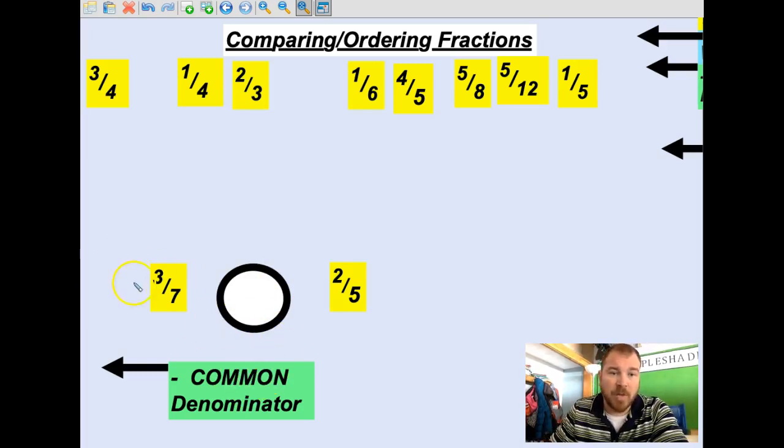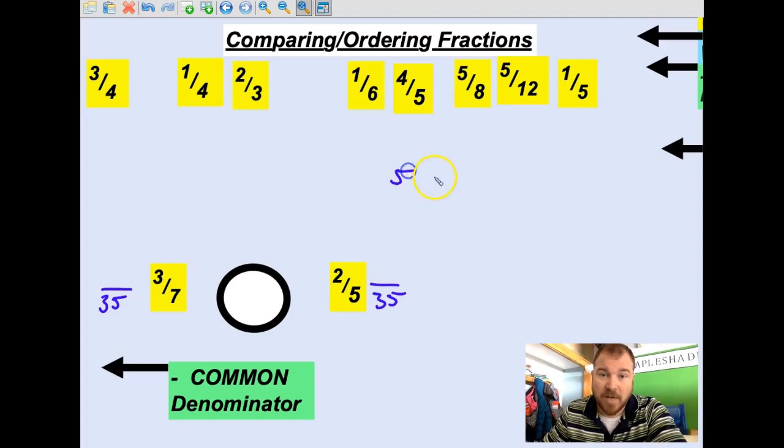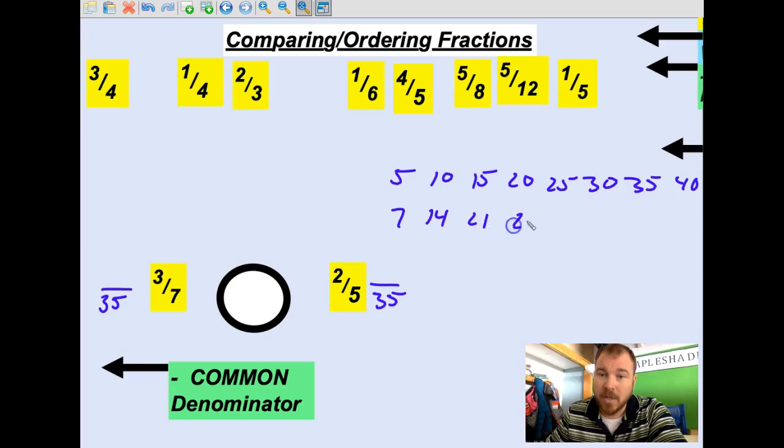So I have two numbers, both of which are prime, 7 and 5. To find their common denominator, we gotta multiply them together. I could find their common denominator by listing out the multiples. 5, 10, 15, 20, 25, 30, 35, 40. Okay, try 7: 7, 14, 21, 28, 35, and there's our peanut.